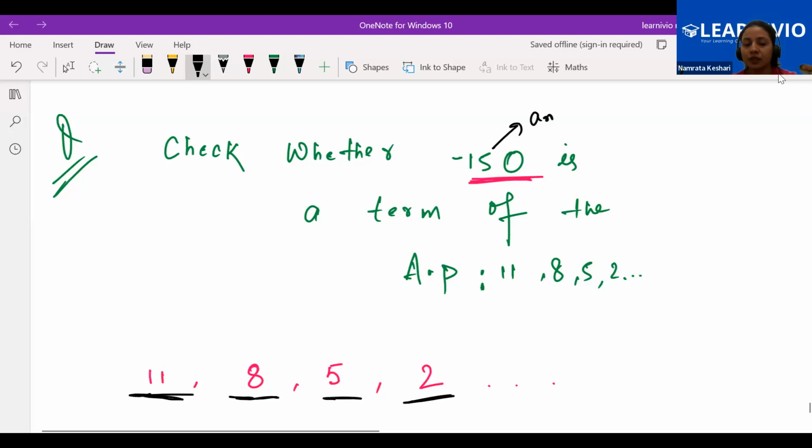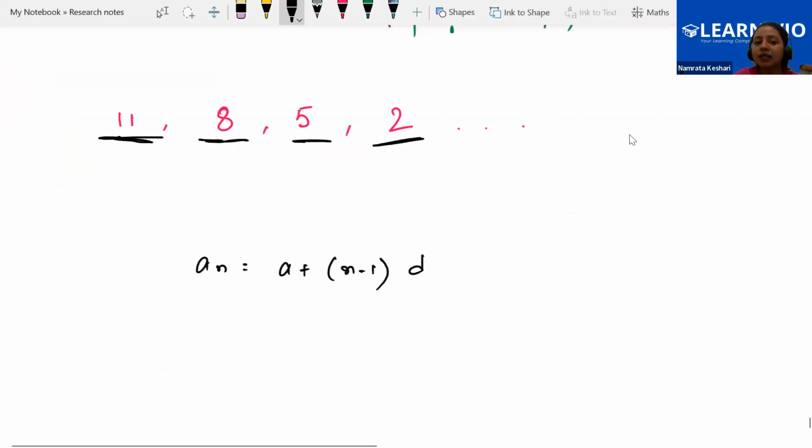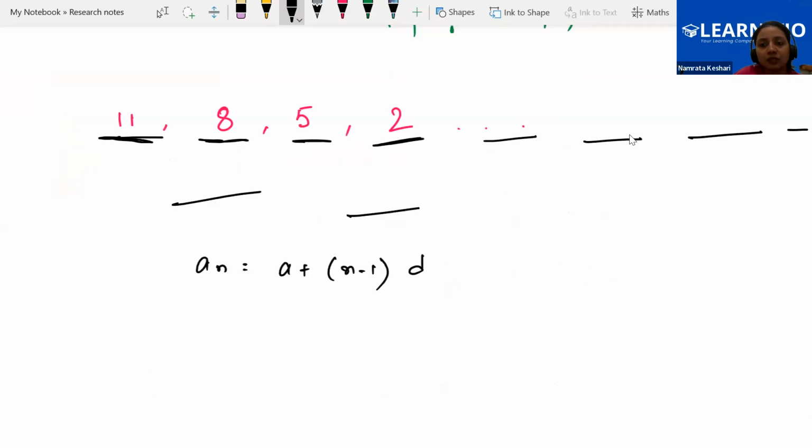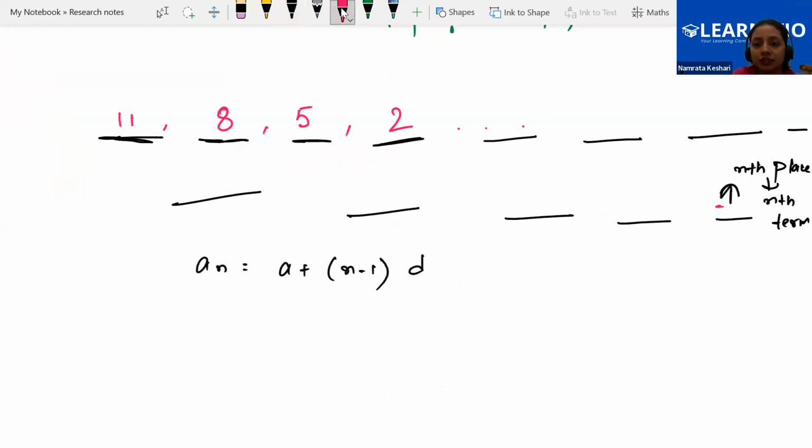Yes. Here we will assume that, let's say, at the nth place, like this, a certain number of places are there, and at the nth term, we call it nth term, is here. What is sitting over here? Minus 150 is here.